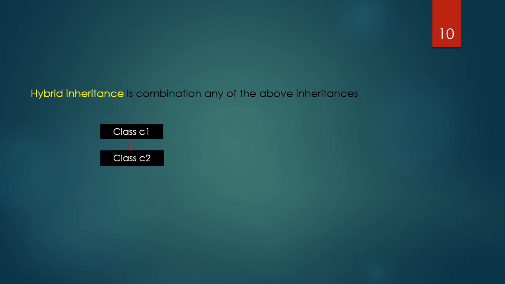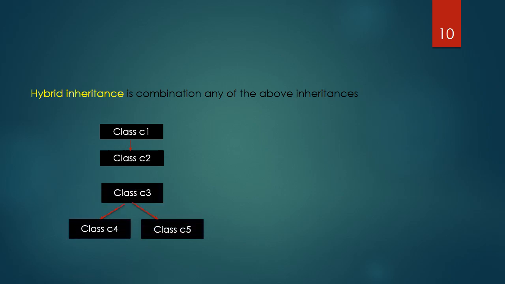Let us see, this is a single inheritance, one superclass and one subclass, and this is hierarchical inheritance. C3 is the superclass and C4, C5 are the subclasses.